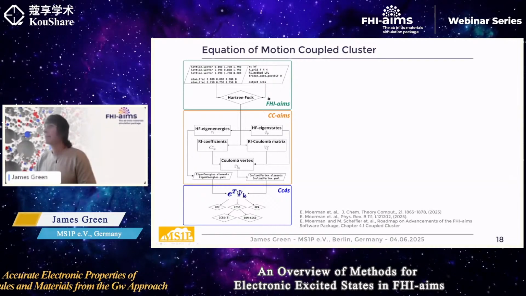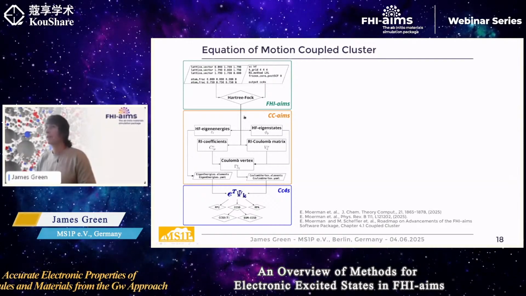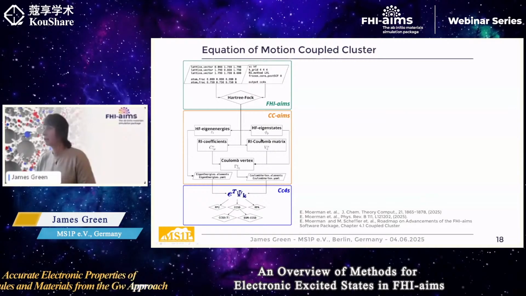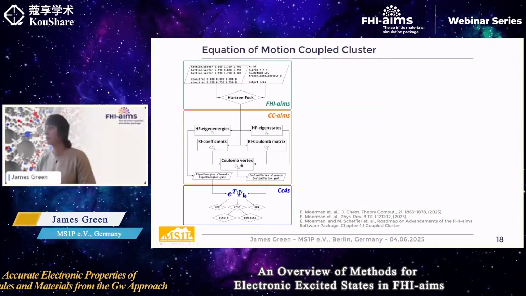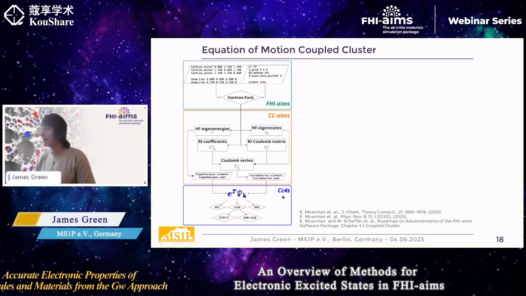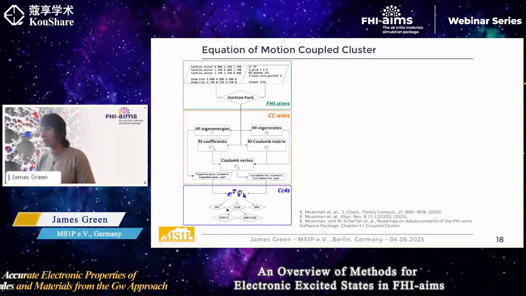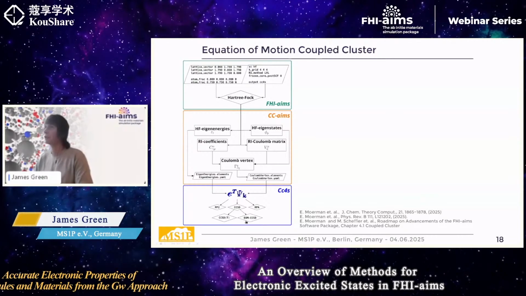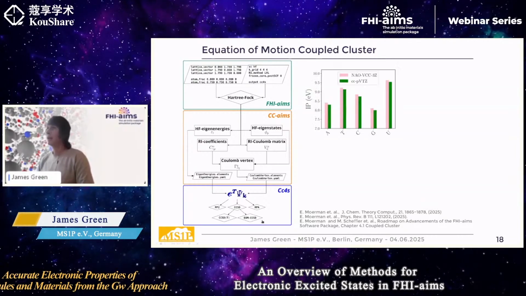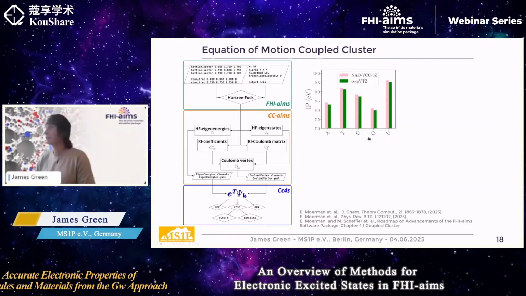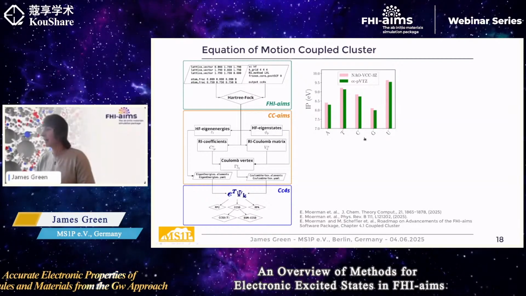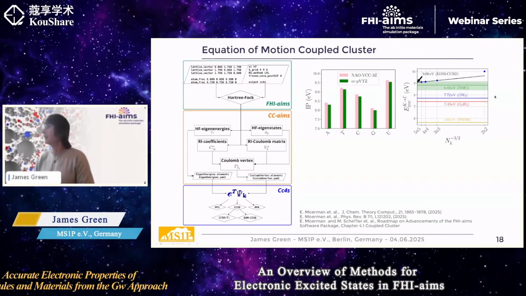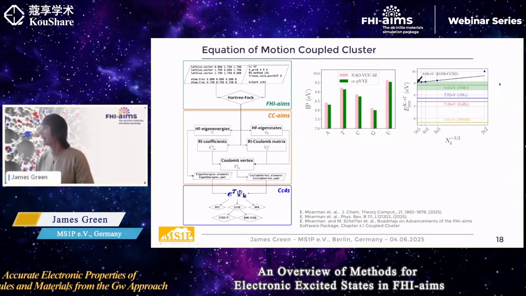So the idea is FHI-aims would perform a Hartree-Fock calculation from which CC-aims would get eigenenergies, eigenstates, RI coefficients, and a Coulomb matrix, which is converted into a so-called Coulomb vertex, which is then passed to CC4S to do either these ground state methods, so CCSD, for example, or, as relevant to this talk, the excited state equation of motion coupled cluster. And this can be used for both molecular applications, so for example, this ionization potential of the five nucleobases, or for periodic systems. In this example, an extrapolation of the band gap of hexagonal boron nitride.